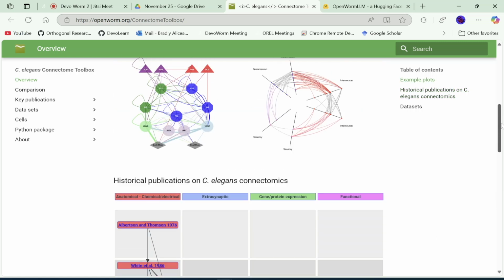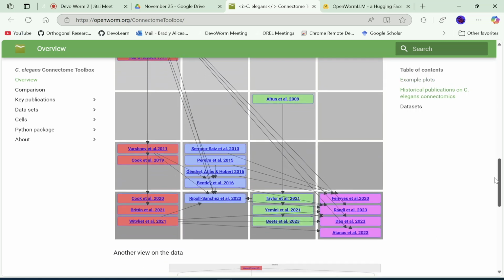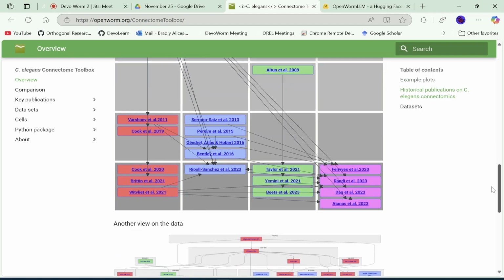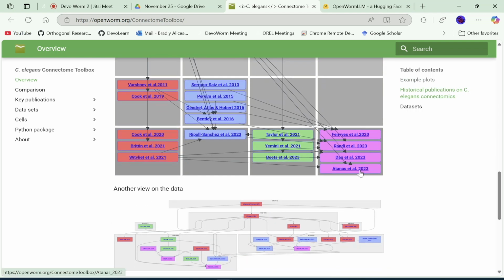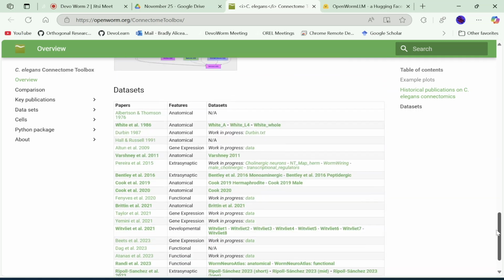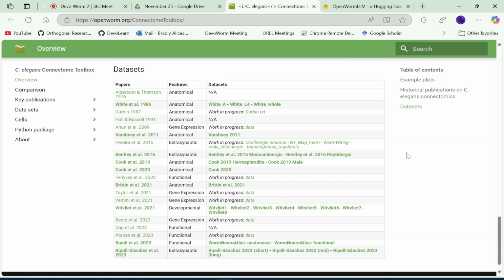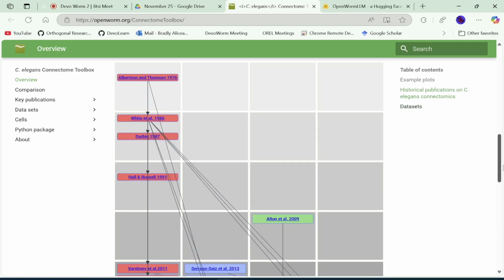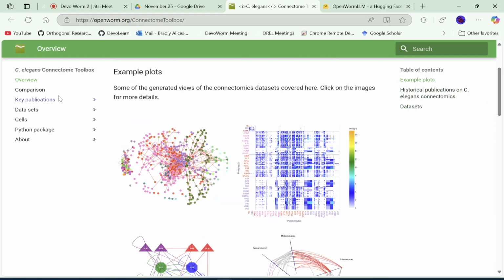Then in functional networks, we have these four papers, all from 2020 on. They have some nice visualizations of the literature, of the data, its provenance, what it is, and so forth. I leave you to explore that on your own.